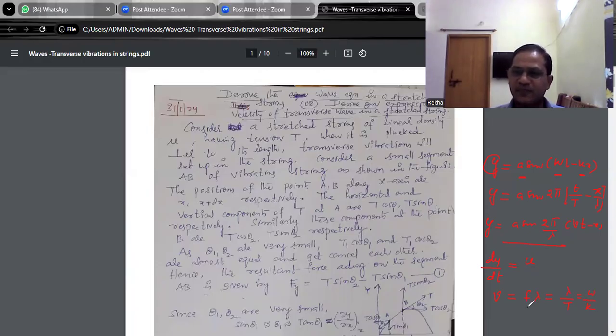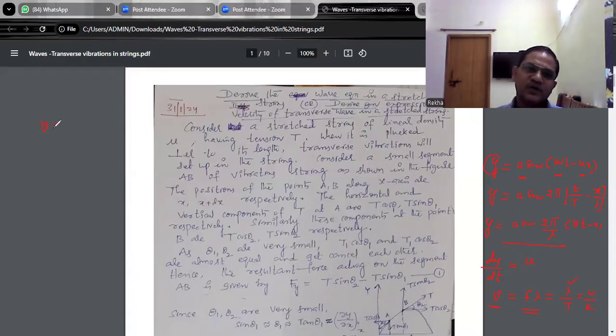So f is the frequency, lambda is the wavelength. The product of frequency and wavelength is the velocity of the wave. But frequency is equal to the reciprocal of time period, so that we get lambda by T. And also, in terms of angular frequency and propagation constant, V equals omega by k.